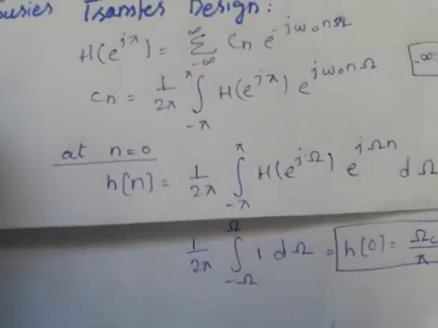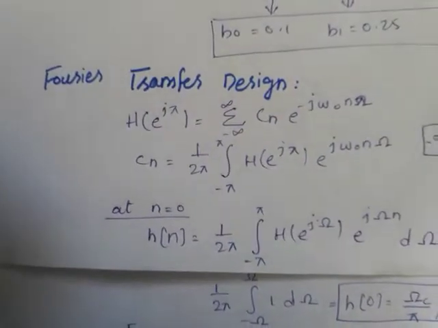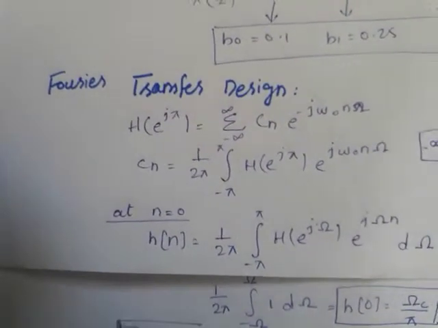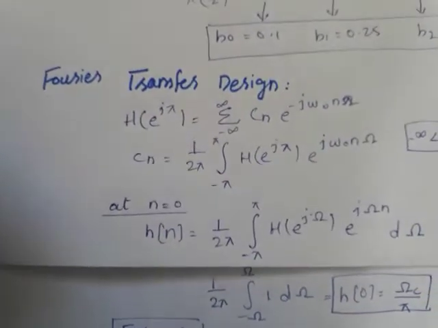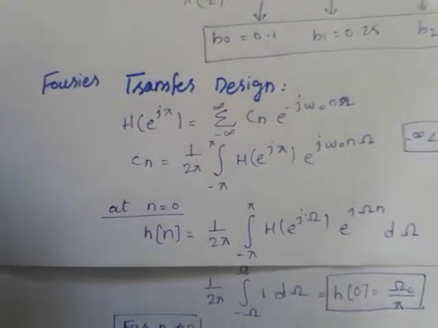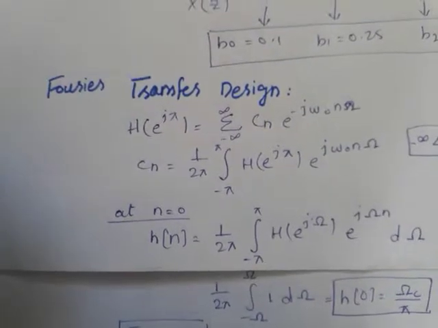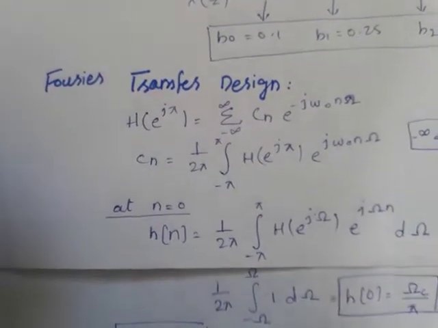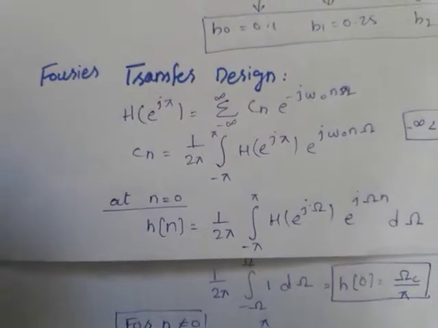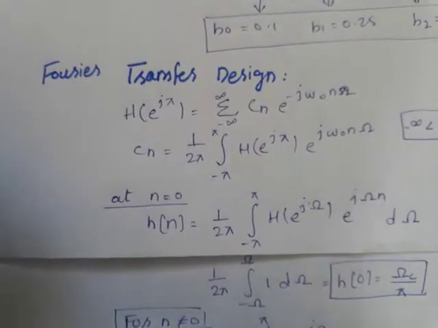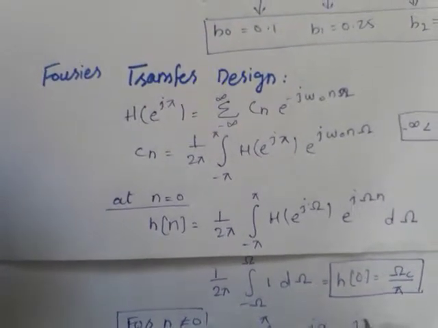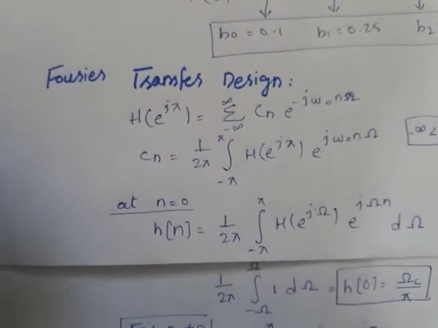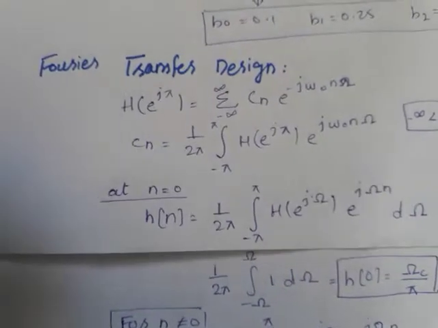Now we will find it for n not equal to 0. For n not equal to 0, h of n will be 1 by 2 pi integral minus pi to pi H e j omega into e j omega n d omega.